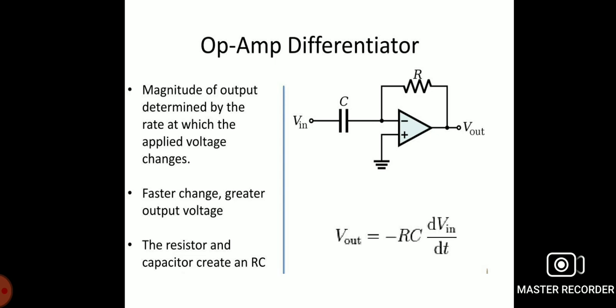That means zero voltage is applied to its non-inverting input terminal. According to the virtual short circuit concept, the voltage at the inverting input terminal of the op-amp will be equal to the voltage present at the non-inverting input terminal. So the voltage at the inverting input terminal of the operational amplifier will be 0 volt.